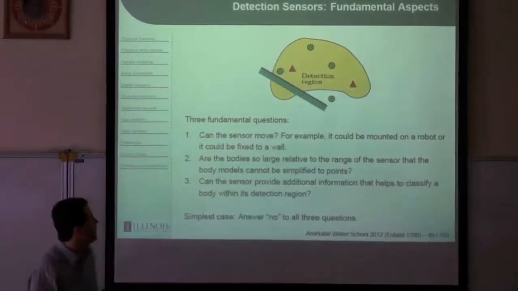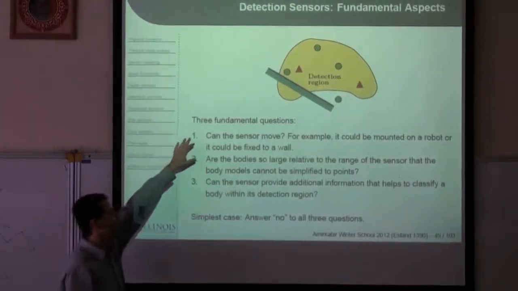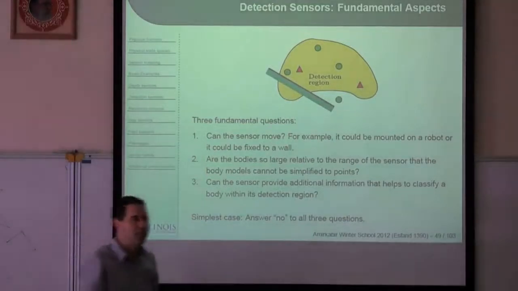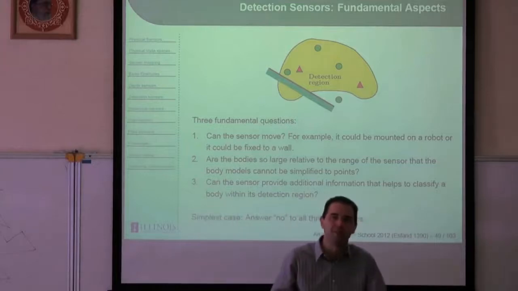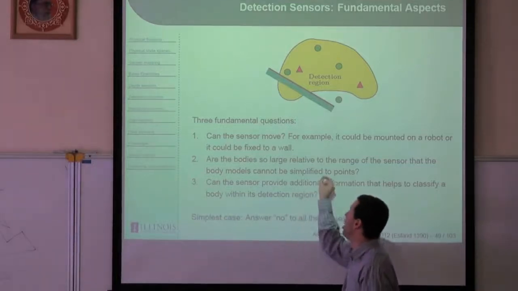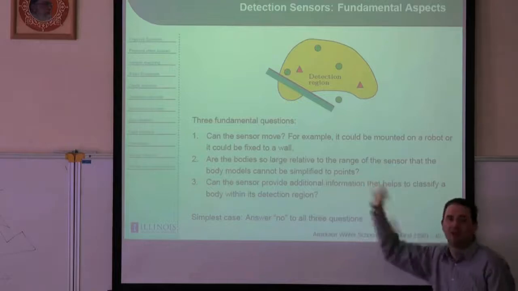I just want to say that the easiest case is when the sensor does not move. Here's another question. Are the bodies so big relative to the sensor range that we really have to worry about the fact that the bodies are partially in and partially out of the sensor range? Is that important or not? Or is the body so small that it's like a point, and it's either in or out in a very simple way?